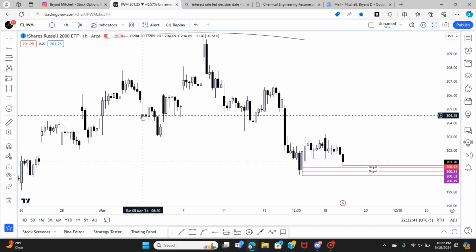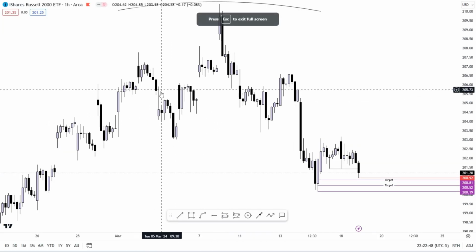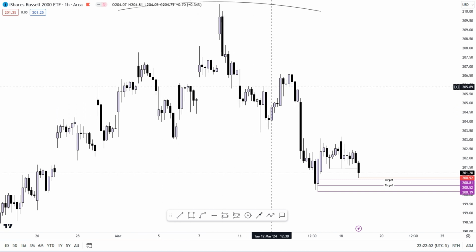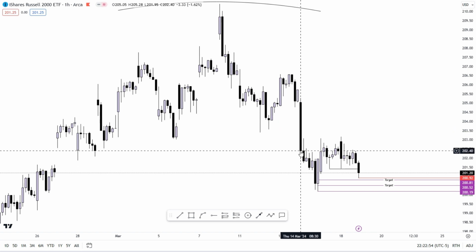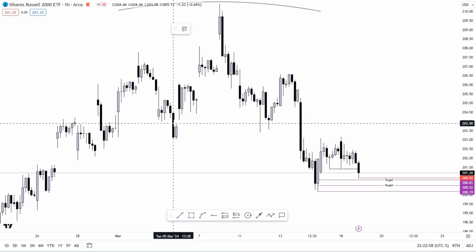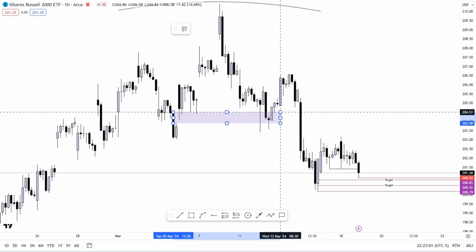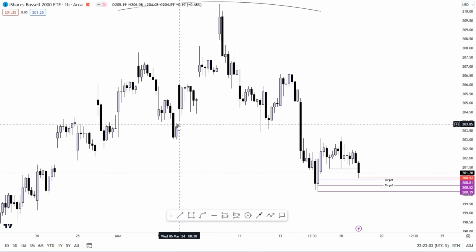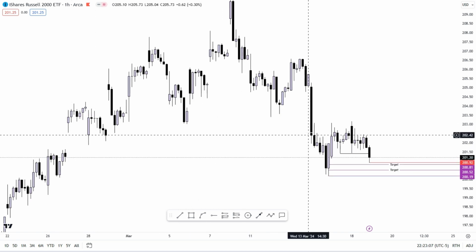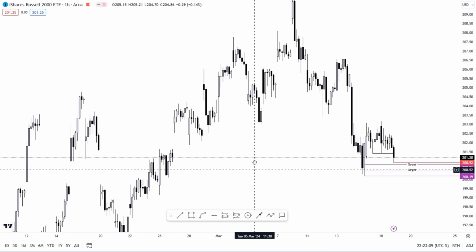Right here, we see a gap down too, but you see price trades all the way back up, fills that gap, and then goes back down. You see price gaps up right here. In the future, it's filled by this downside move, by all of these downside moves. If I draw something like that, you see the gap between these candles gets filled by all of this price action.